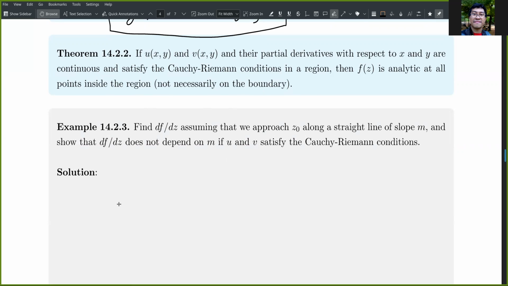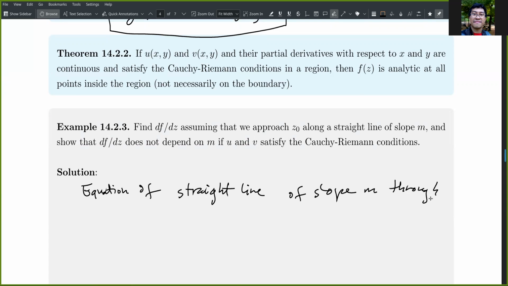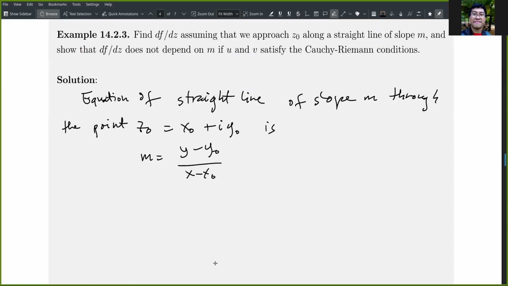So first, we write down the equation of a straight line of slope m through the point z sub 0, which is equal to x naught plus i y naught: m equals y minus y sub 0 over x minus x sub 0.